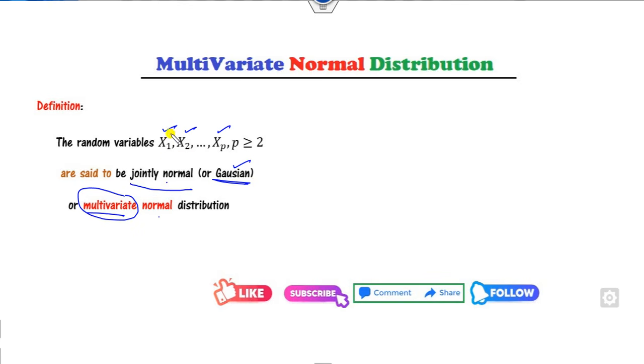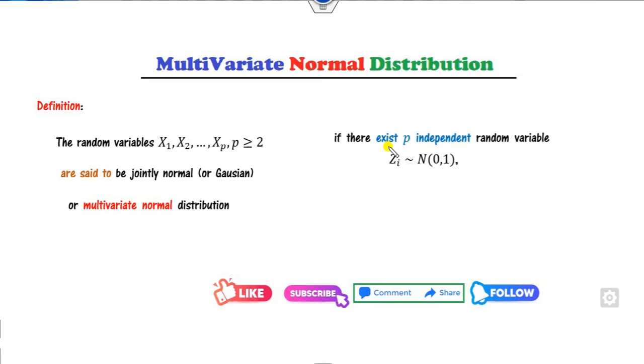The random variable x is said to be multivariate normal if this property is satisfied. First of all, there exist p independent random variables. What is p? p is the same as the number of variables; if I say x1, x2 and x3, there are three random variables. So there exist three other random variables from the normal distribution, called standard normal variates. Why do we call them standard normal variates? Because the mean is 0 and the variance is 1.